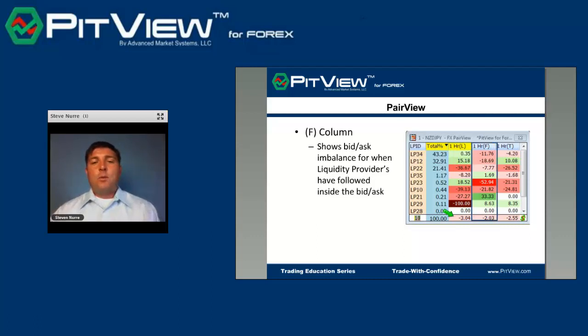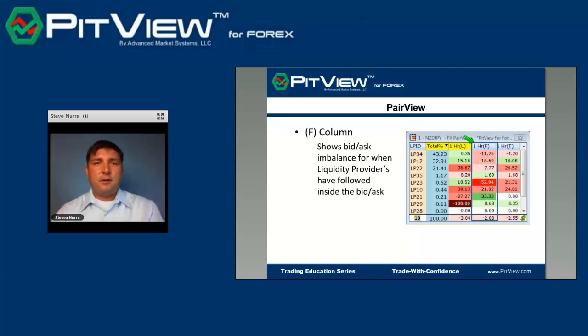The next column would be what's called the F column, or the following column. Just like when we talked about leading inside the bid or ask, when a market maker or liquidity provider is the first one to create a new bid or ask price, following is when, instead of creating a new bid or ask, I might join that liquidity provider.